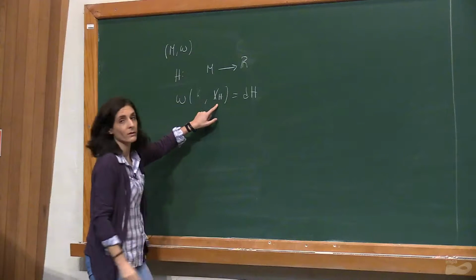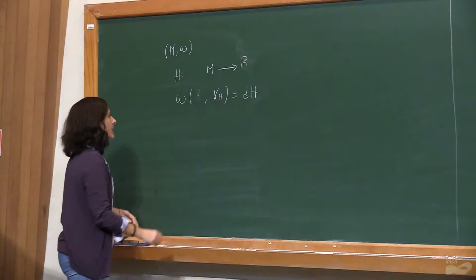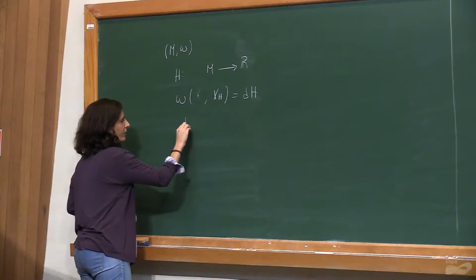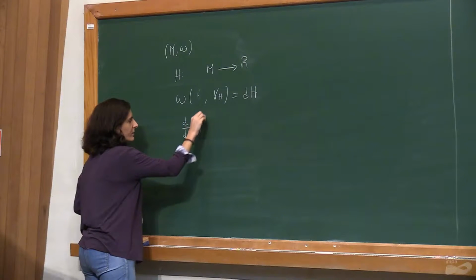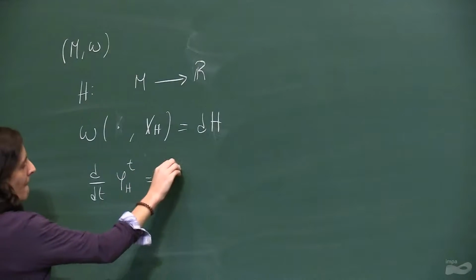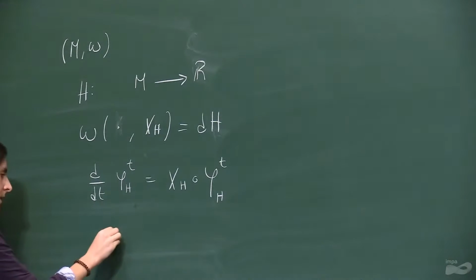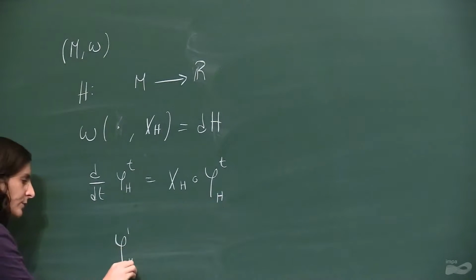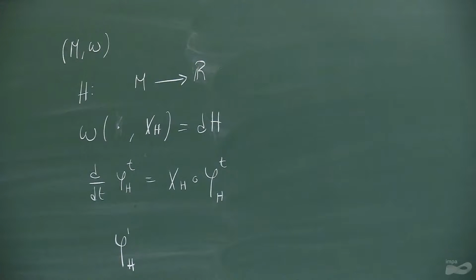So this is my Hamiltonian vector field. And I can associate with it a flow. So this is the Hamiltonian flow, which I'll denote by phi_t^H. And I'll look into the time one map of this flow.